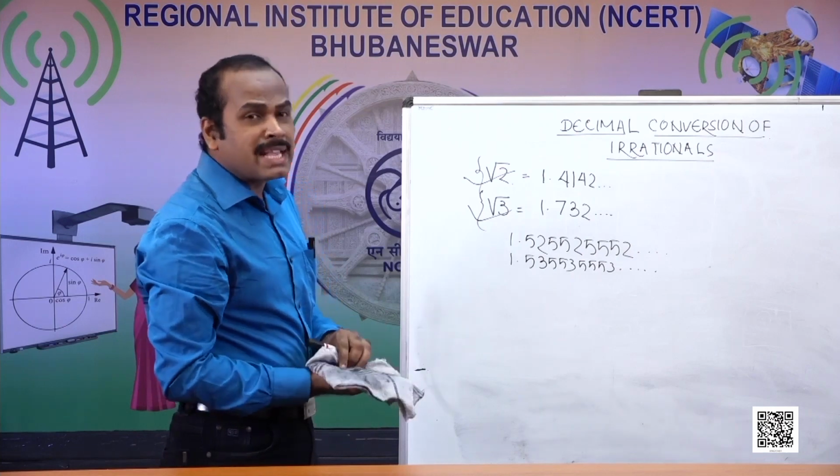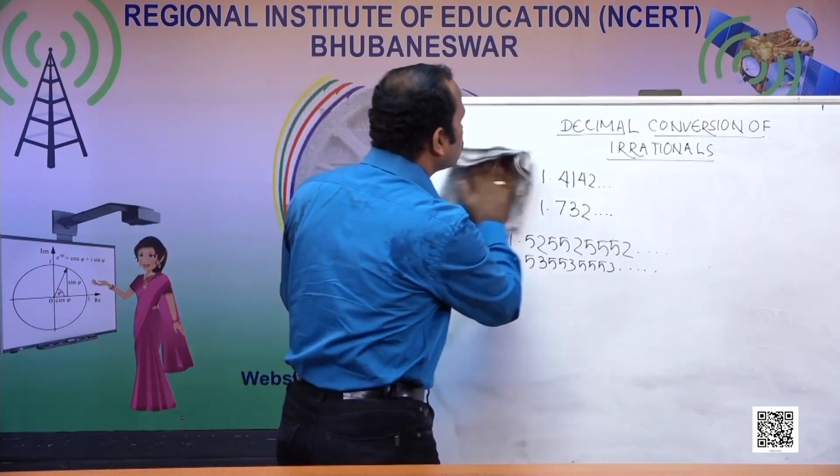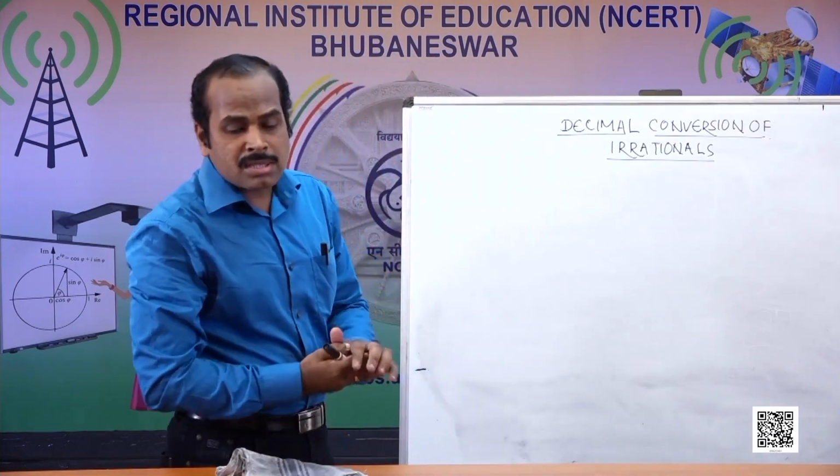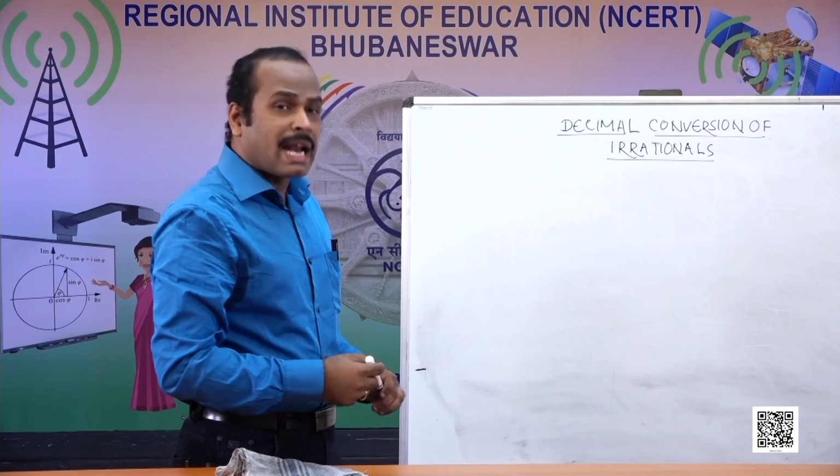Let us go to an example of irrational numbers and rational numbers.